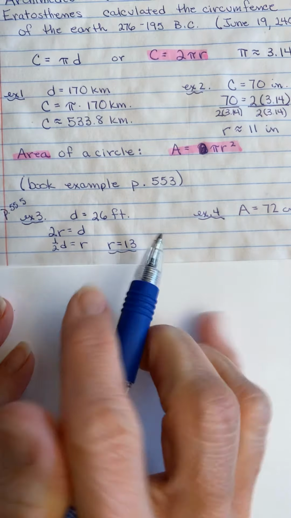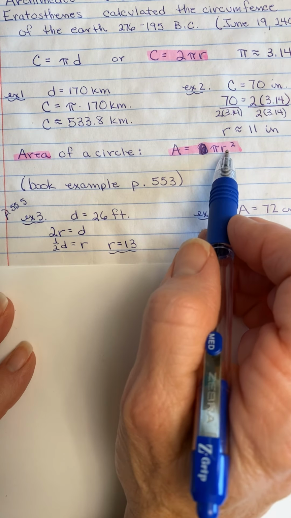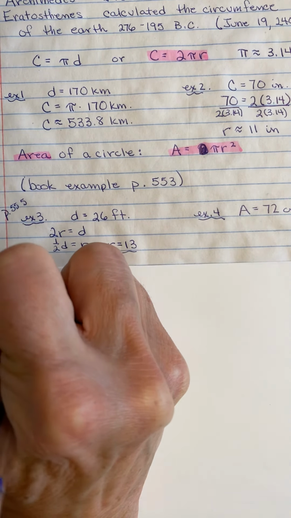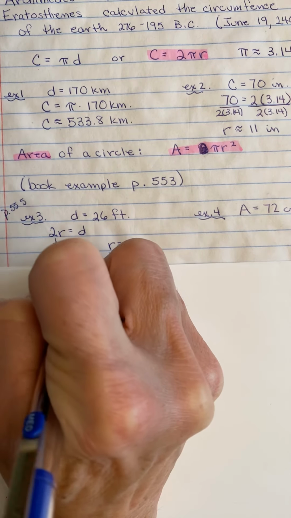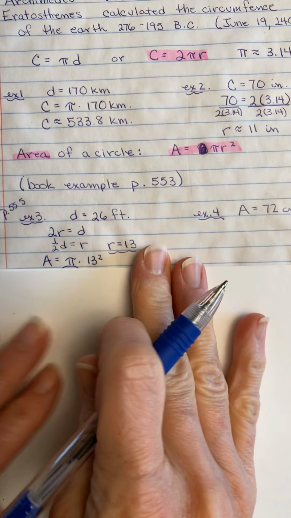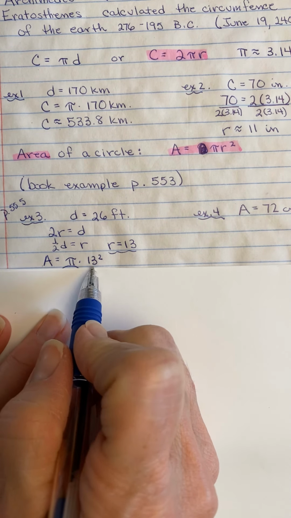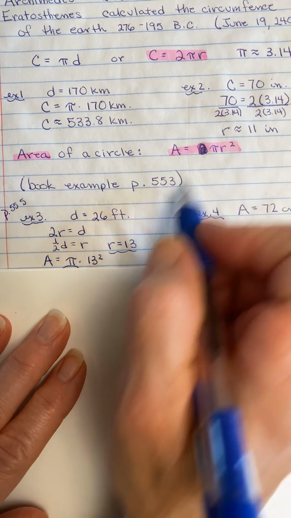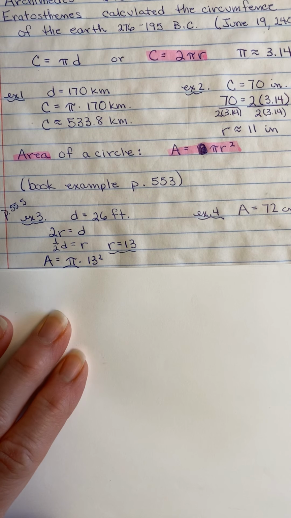Once you know the R, then we can just plug into this formula. The area of this circle would be pi times 13 squared. Now notice, only the 13, only the R is squared. The pi is not squared. So when we figure this out, we have to do PEMDAS.